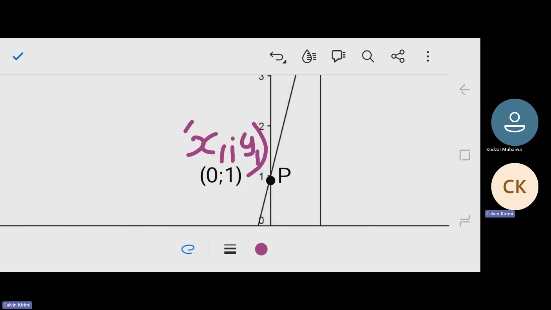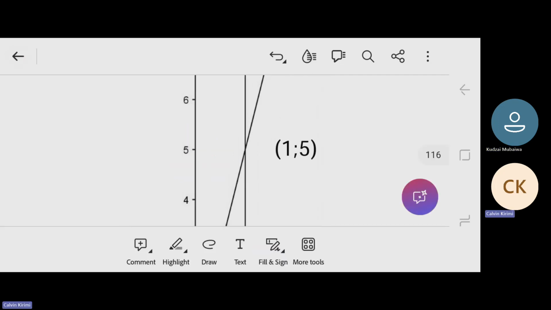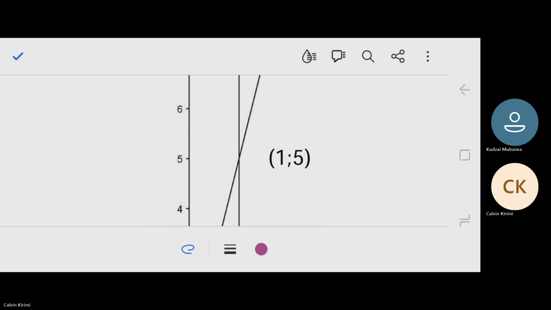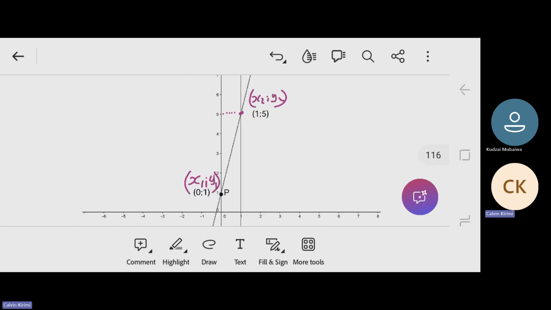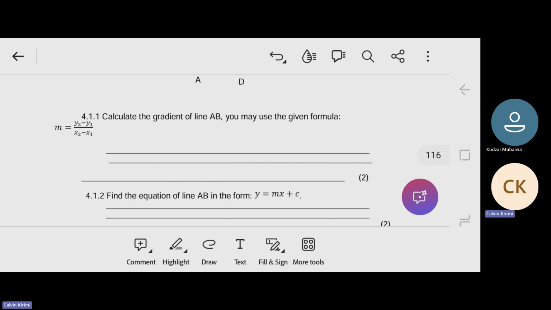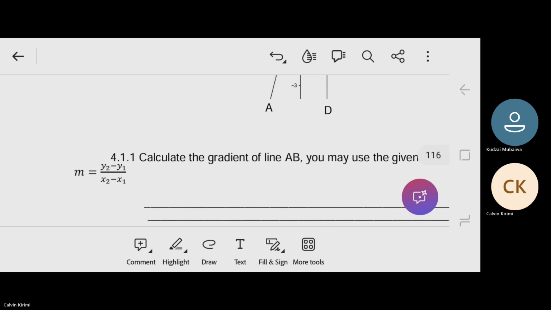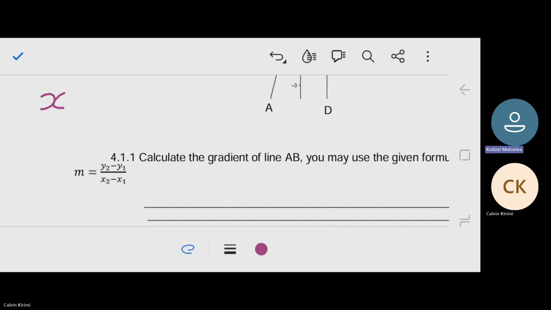Then you go there, you say, that is my x2, y2, this point where it's intersecting. So you know it's 1, 5 and 0, 1. So you have your points, which you are supposed to use.